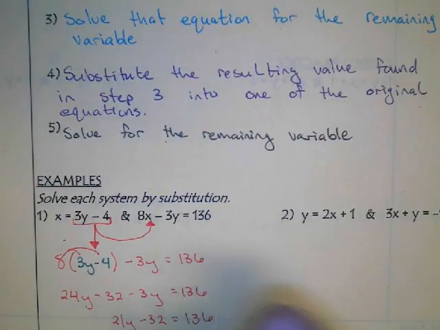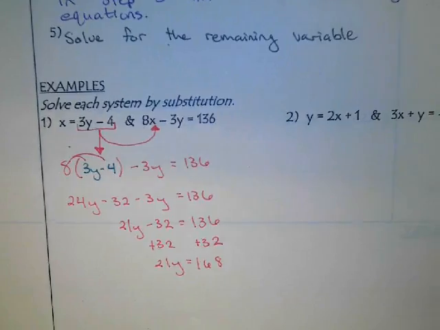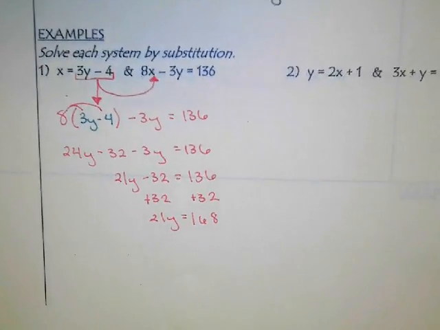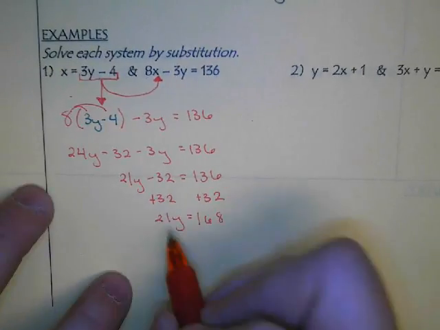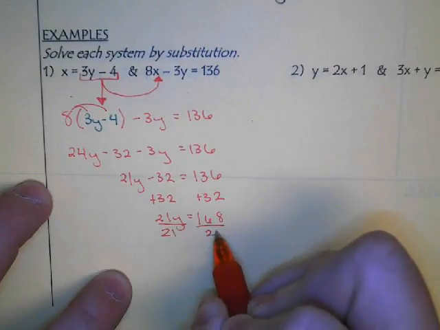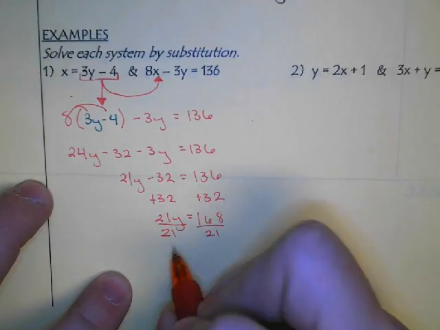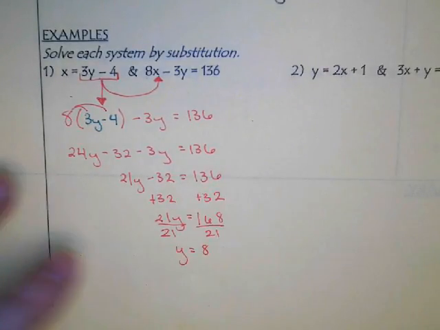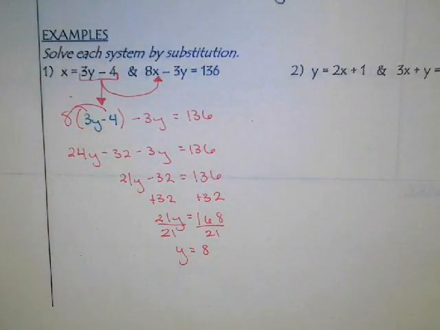We'll add 32 to both sides, and we get 21y is equal to 168. Divide both sides by 21, and we get y equals 8. So we found one of the variables, but now we have to find the other.